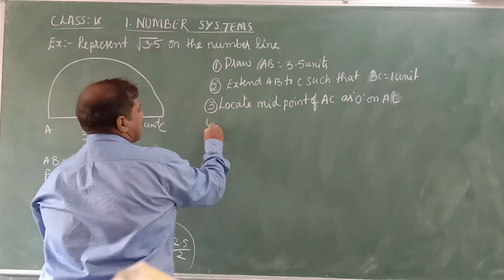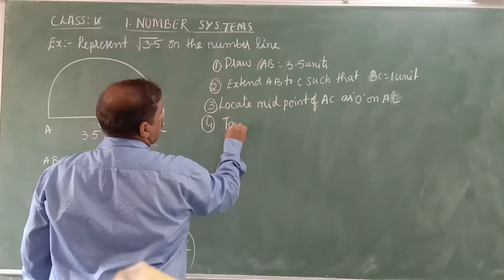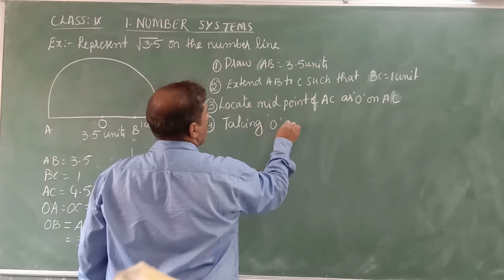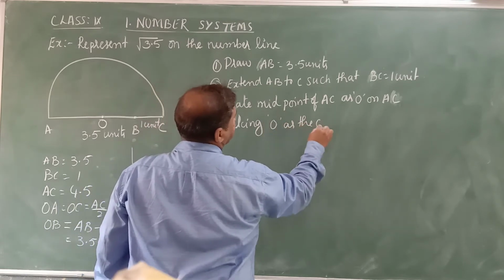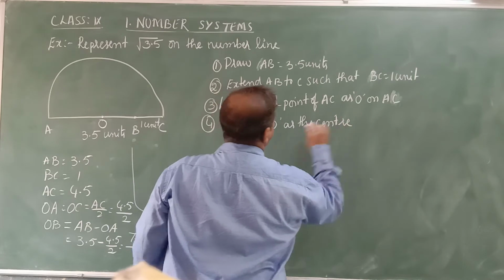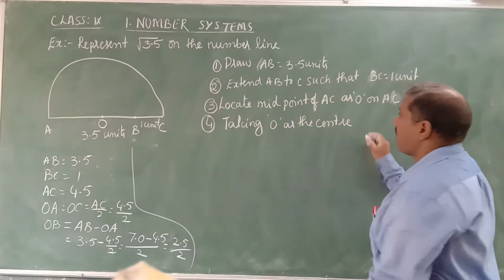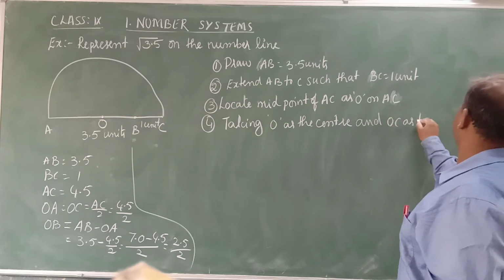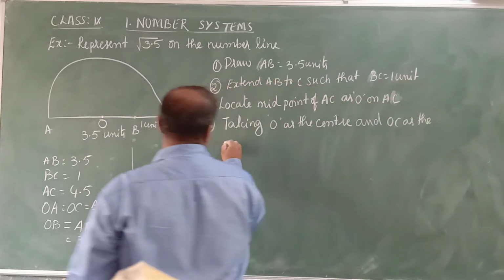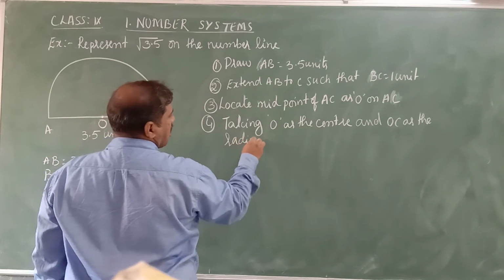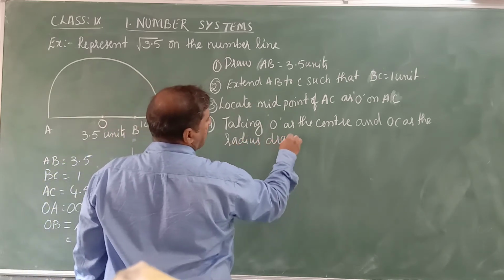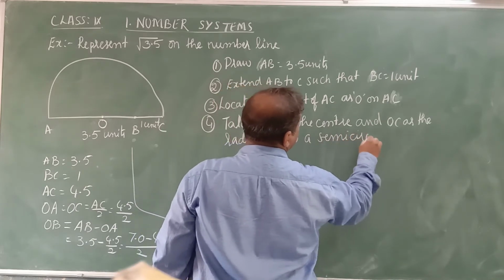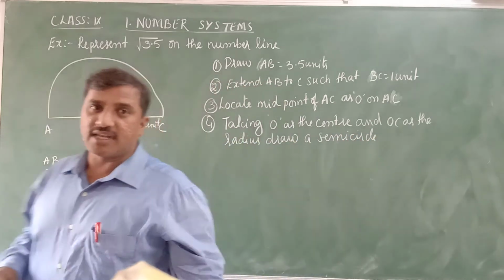So what is the fourth step? Taking O as the center and OC as the radius, draw a semicircle. Yes, like this we will draw the semicircle.